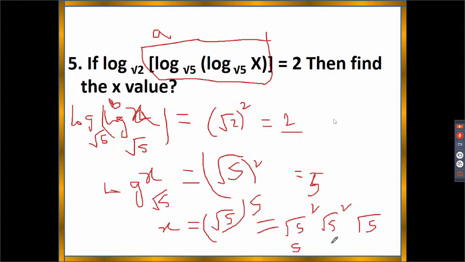So root 5 square means 5, and 5 into root 5 means 25 root 5. Okay, 25 root 5 now.